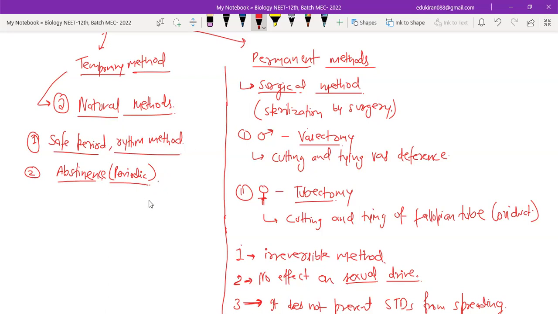So in this period, sexual intercourse should be avoided, from day 10 to around day 17, 18 of the menstrual cycle. Why are we avoiding this period? Because ovulation is expected in this period. Yes, sir. That's called abstinence, another natural method.